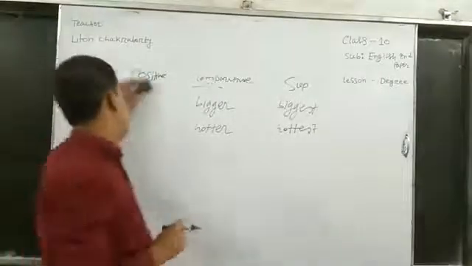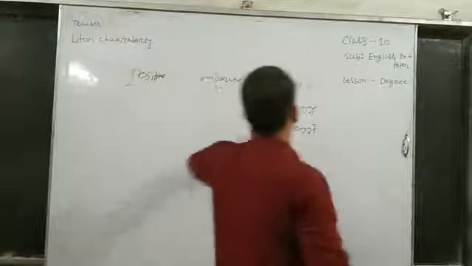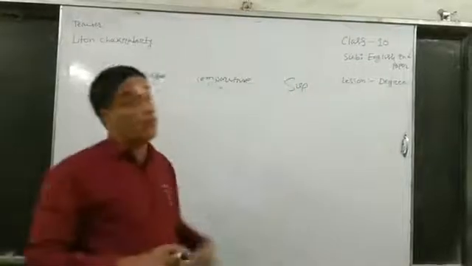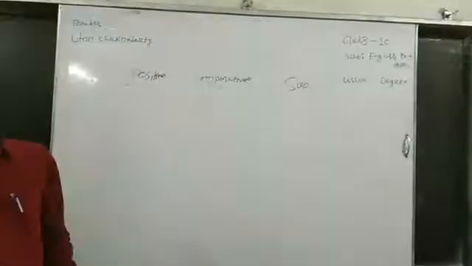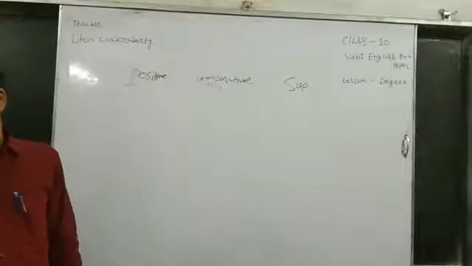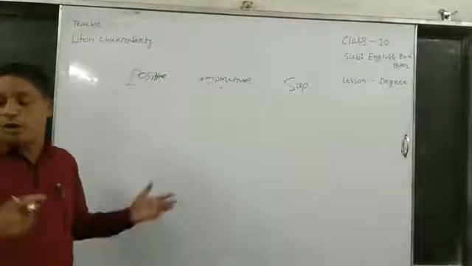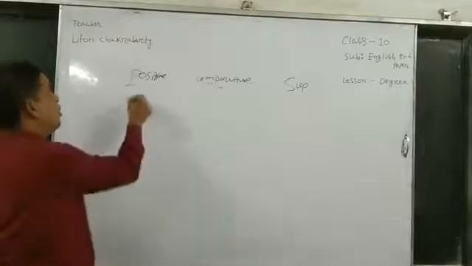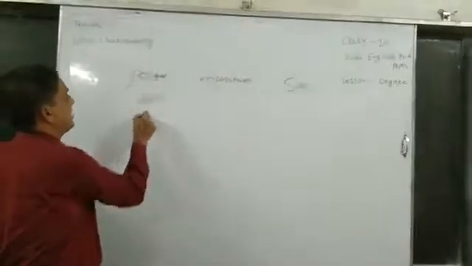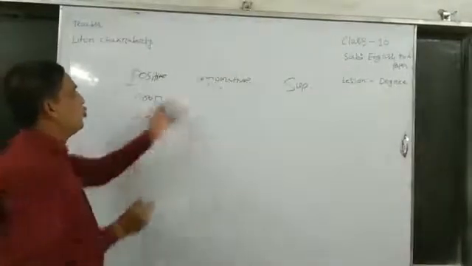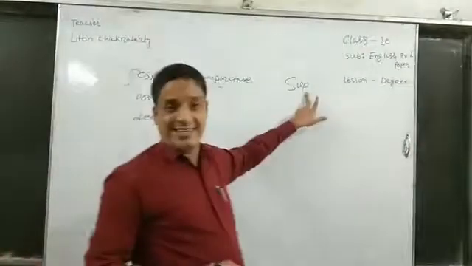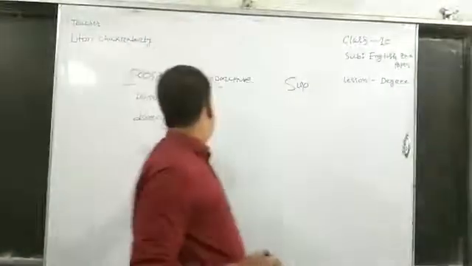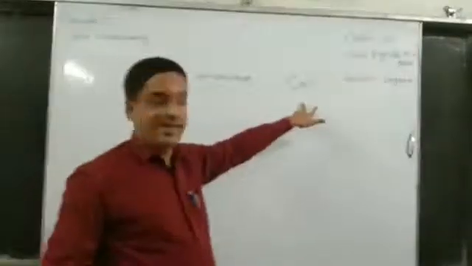So we can get some adjectives, and we have to know the form of adjective, like when to double. For example, poor, poorer, poorest. Deep, deeper, deepest.